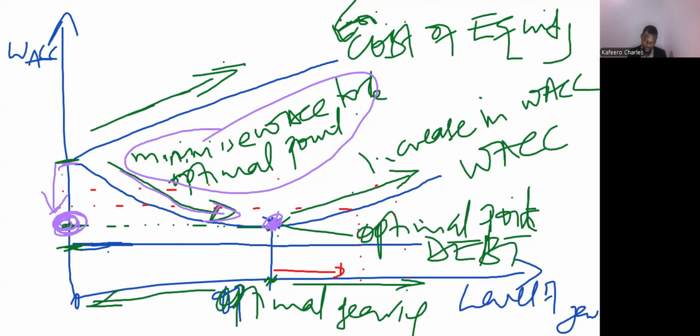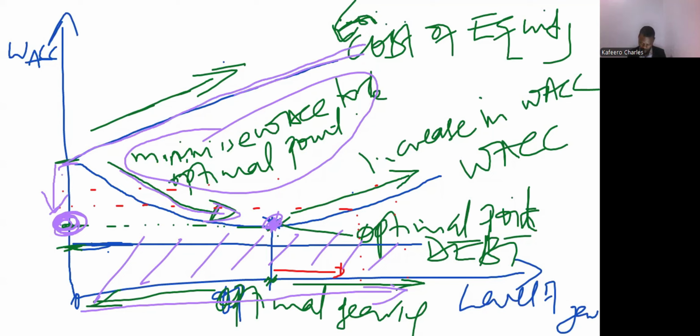So the whole of this line here that you are seeing is going to be our debt. Once you reduce the level of debt to the minimum point, what we are saying is that as you keep on borrowing, the cost of equity will keep on increasing. The more you keep on borrowing like this, the cost of equity is going to be increasing, as you are seeing. It's a little bit constant.